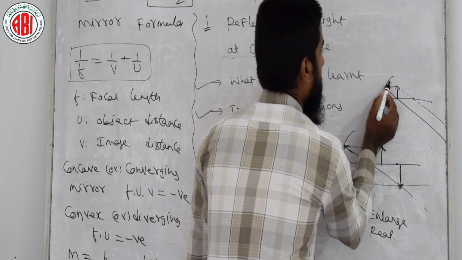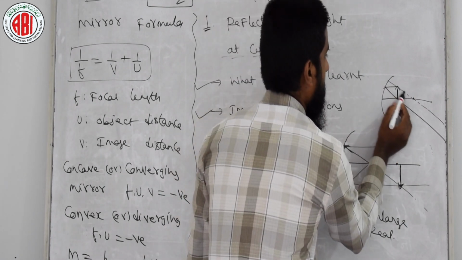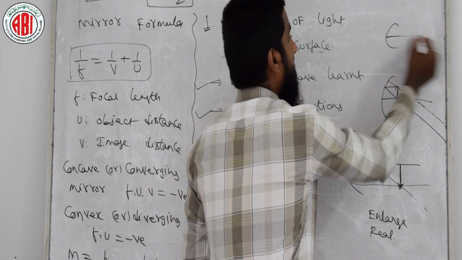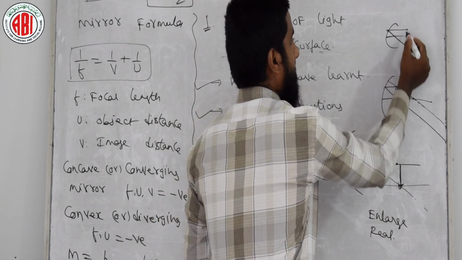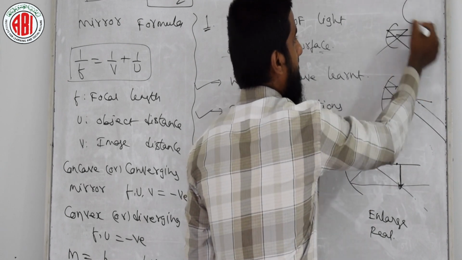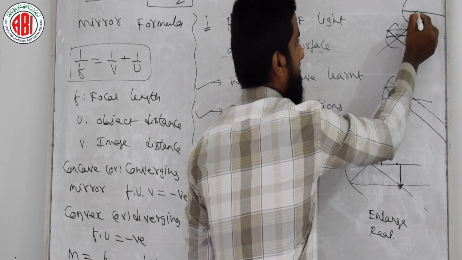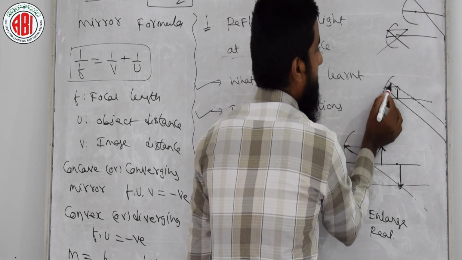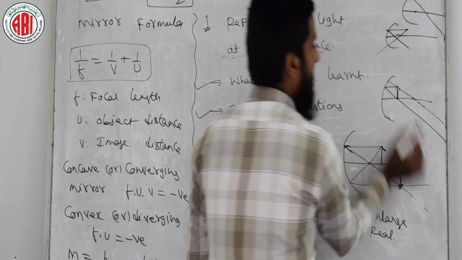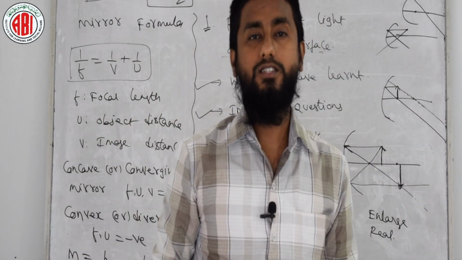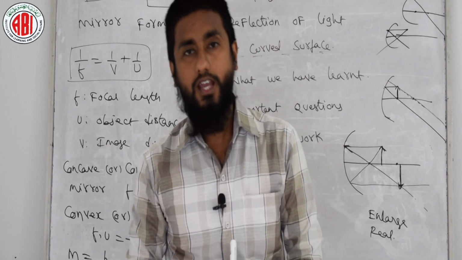This is rule 2. Don't be confused, students. Usually we apply the rules like this and this, and for the center of curvature like this, but in this case I apply the rule like this. This is the focus, this is the center of curvature, I apply the rule like this. You need not be confused.